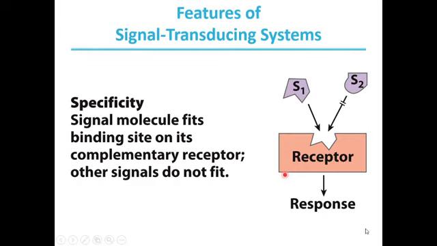For example, if adrenaline alters glycogen metabolism in liver cells, it will not do so in fat cells. That's a classic example.